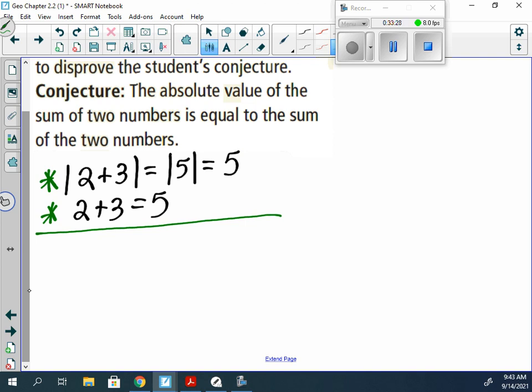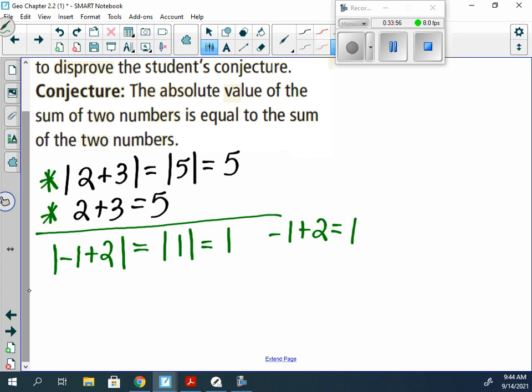One side has an absolute value, and the other side is just without it. Well, negative 1 plus 2 is 1. The absolute value of 1 is 1. Now, the other setup would be negative 1 plus 2, which is 1. Are they the same number?